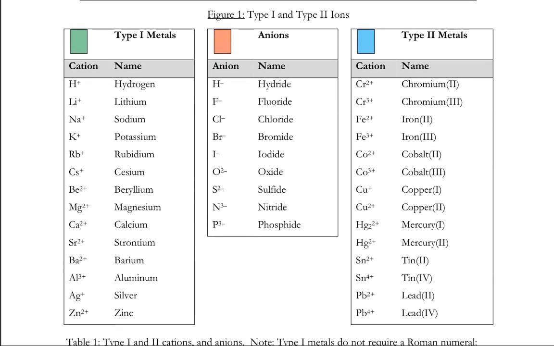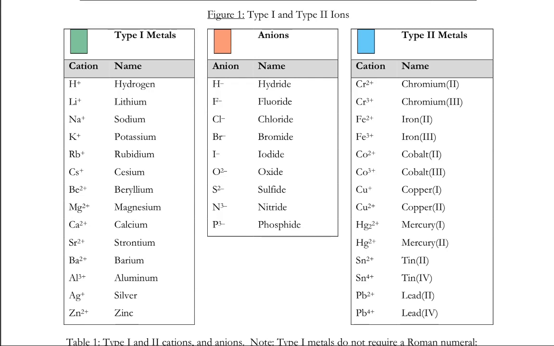like Cr2 plus is chromium 2 when we say it. Cr3 plus is chromium 3. Iron 2 plus, iron 2, iron 3 plus, iron 3. The ones that have the set charge, like lithium, sodium, potassium, those ones we do not have to indicate the charge. We simply give the name.